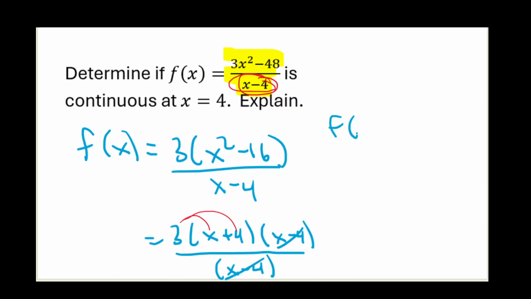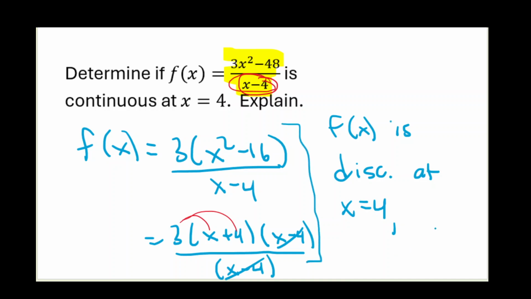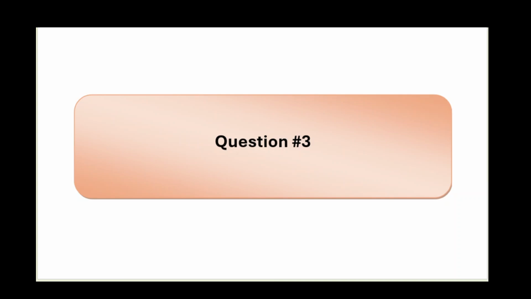So f of x is discontinuous. I'll just use a short form at x equals 4. And I could say in my explanation, so obviously my algebra part of my explanation, and I could say there is a hole. That's enough. All right, next question.